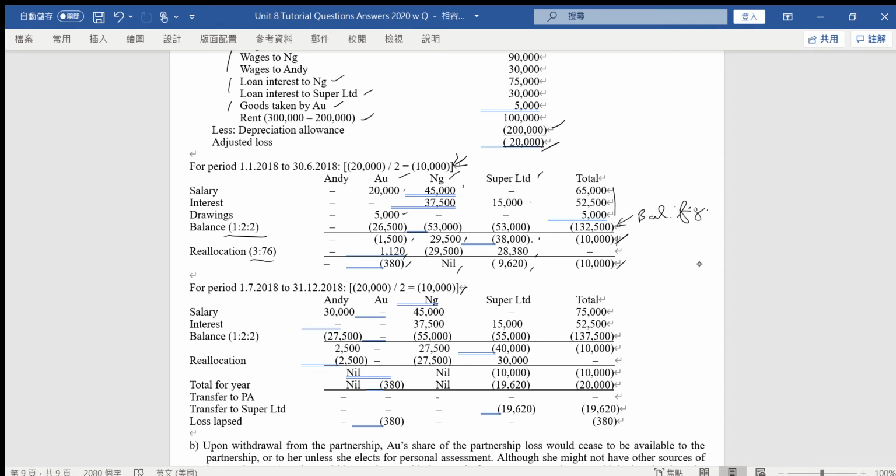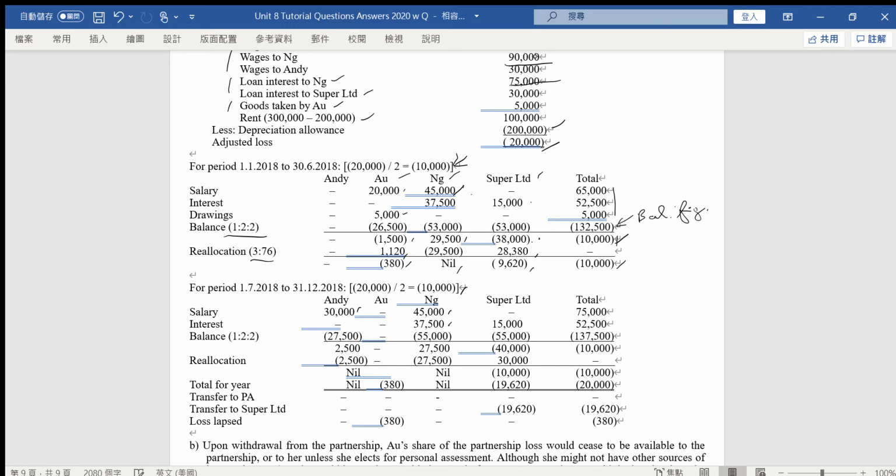We put all the relevant information, from the salary figures to the table calculations. Mr. Ng's salary allowed is originally 90,000 for the whole year, so you divide it by half, giving 45,000 for each period. Interest is also required to be divided by half: 75,000 becomes 37,500.